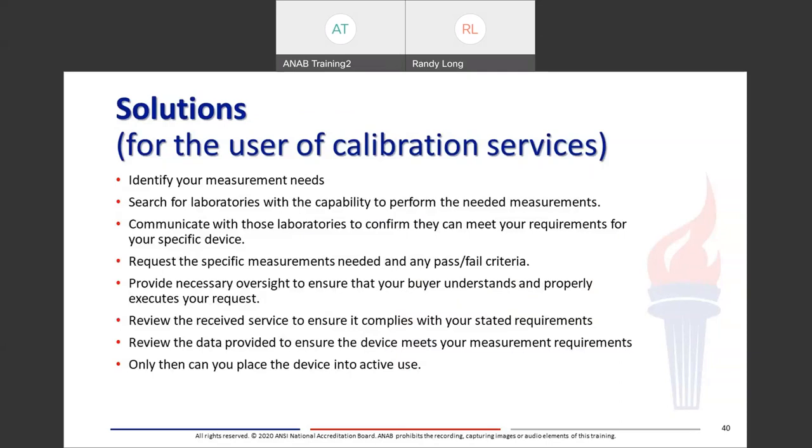And then provide necessary oversight to ensure that your buyer understands and properly executes your request. Once it's done, you review the received service to ensure it complies with your stated requirements. Then you review your data provided to ensure the device meets your measurement requirements. Only then can you actually place that device into active use.